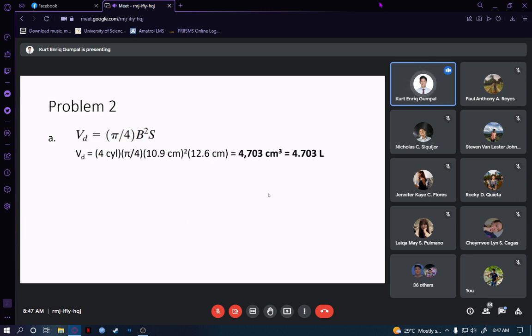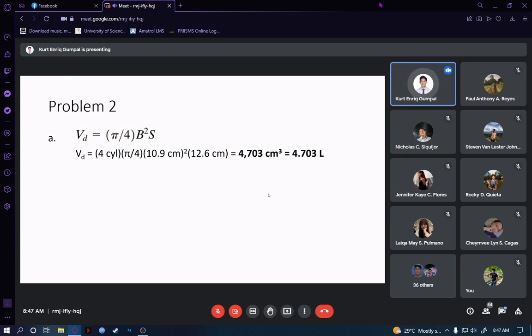Okay. So your displacement volume is pi over 4 times your bore diameter squared, times the length of your stroke. For you to be able to get the engine displacement, you need to get the total volume displaced. So direct substitution lang ta.